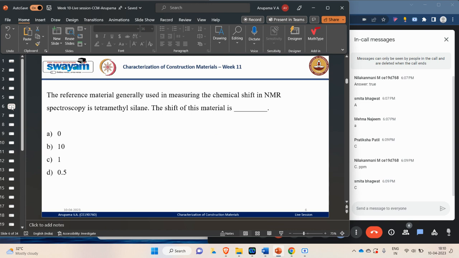The next question is here. The reference material generally used in measuring the chemical shift in NMR is tetramethylsilane. The shift of this material is dash.